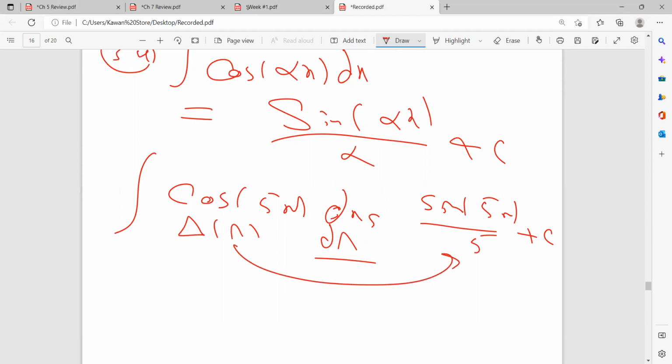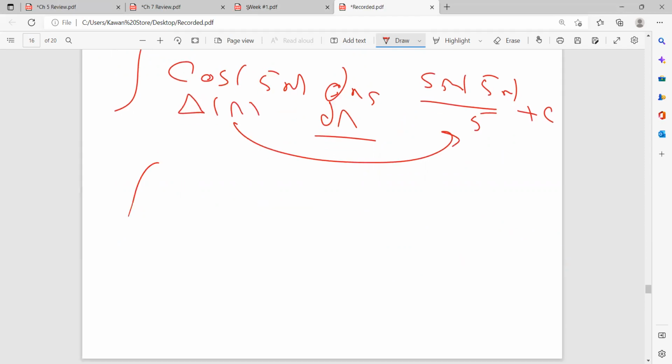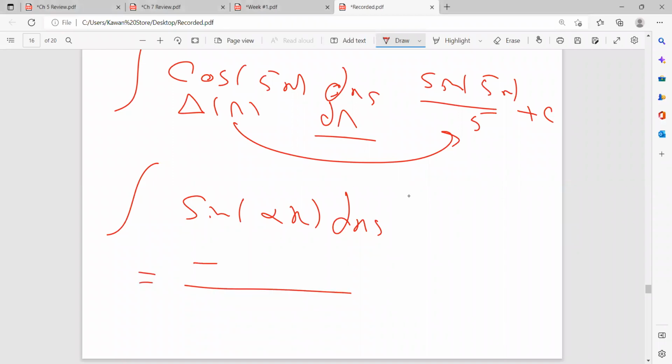You got it? Now, the same thing is true for sine alpha. Sine alpha x, again, we can write down as minus cosine alpha x over alpha plus c.